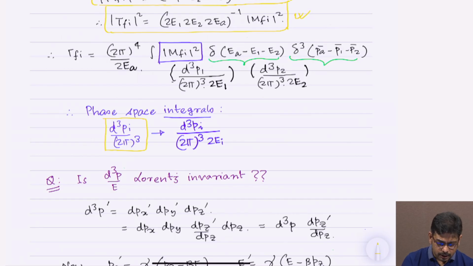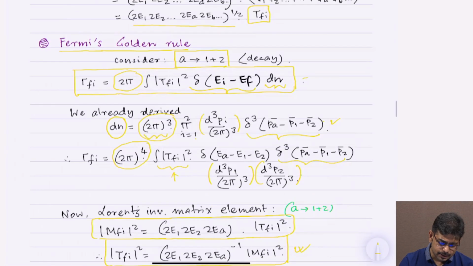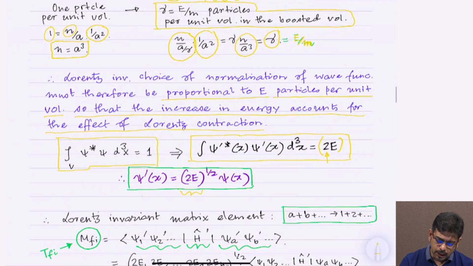integral measure is d^3p by (2π)^3, but then we said that when we include the wave function normalization, instead of saying that ψ*ψ is equal to 1, we introduce ψ*ψ equal to 2E.